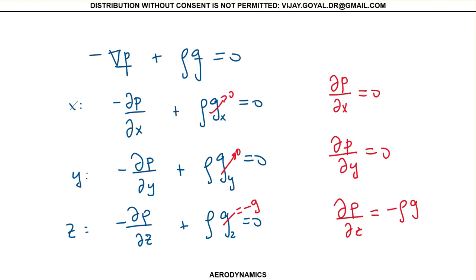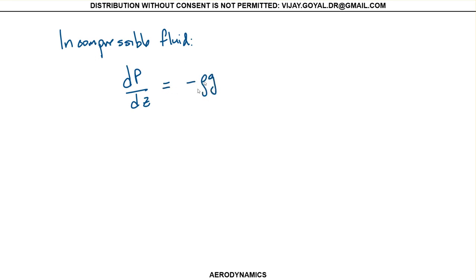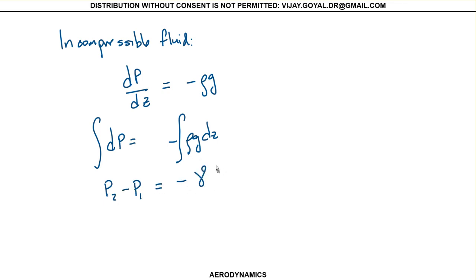Okay, so now if we keep moving, we can work with this equation and we can find some useful relationships that we use very often. Let's say for an incompressible fluid, we could go ahead and take this equation and say dp/dz is equal to minus rho g, and we could multiply both sides by dz, and we could integrate this on both sides, and that would give me P2 minus P1 is equal to minus gamma times z2 minus z1.